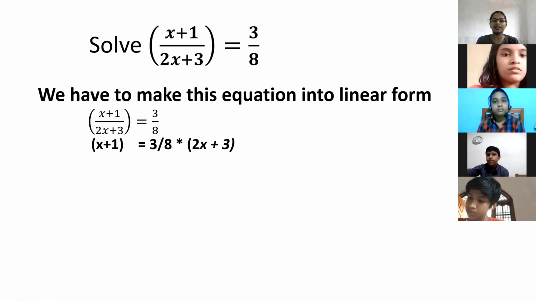That is x plus 1 is equal to 3 by 8 into 2x plus 3. That's because 2x plus 3 is divided in our LHS, and while moving to the RHS, division becomes multiplication. That's why we can write it as 3 by 8 into 2x plus 3.